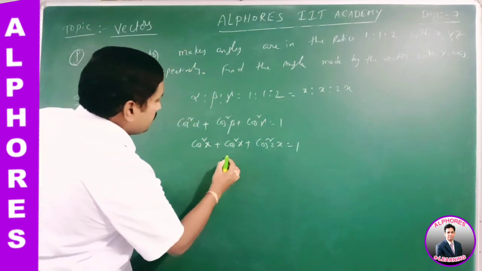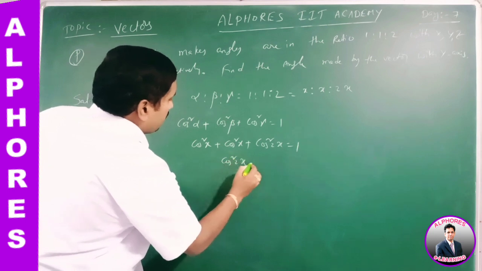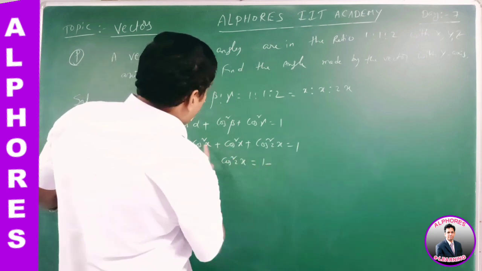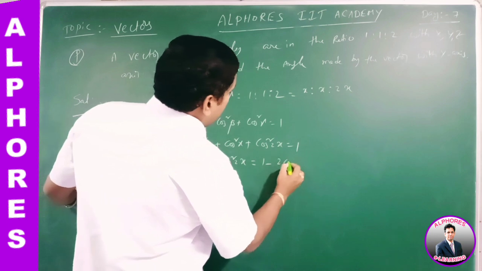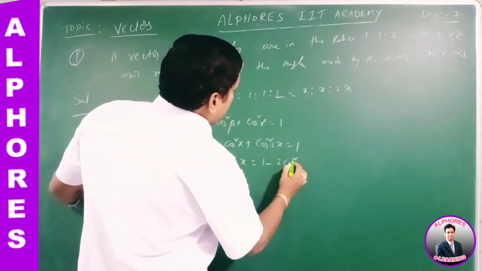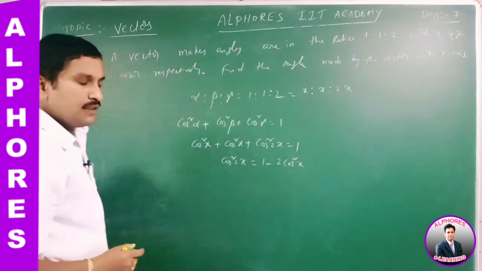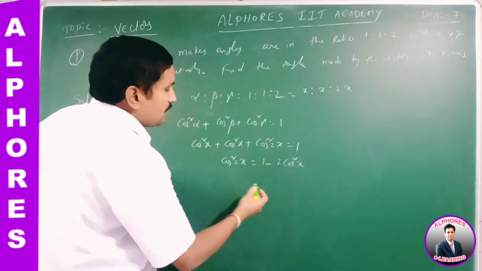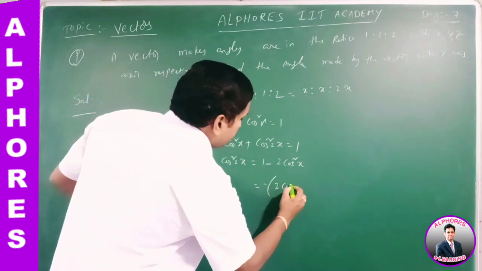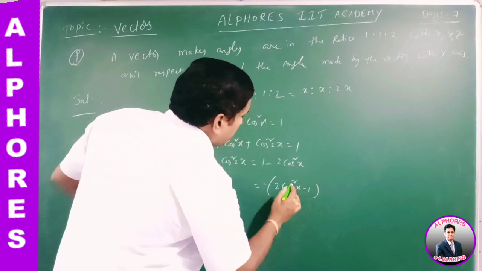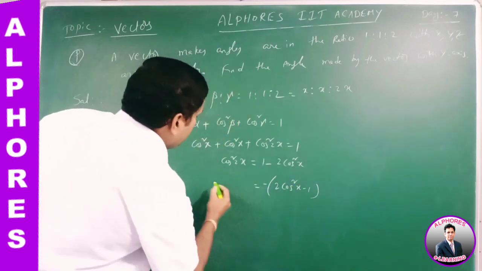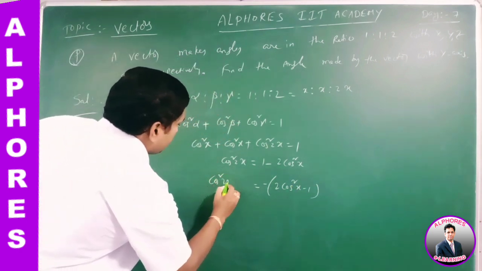So cos square 2x is equal to 1 minus 2 cos square x, which can be written as minus of (2 cos square x minus 1). Now this is cos square 2x.